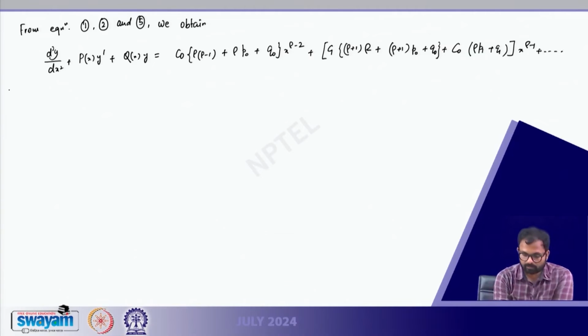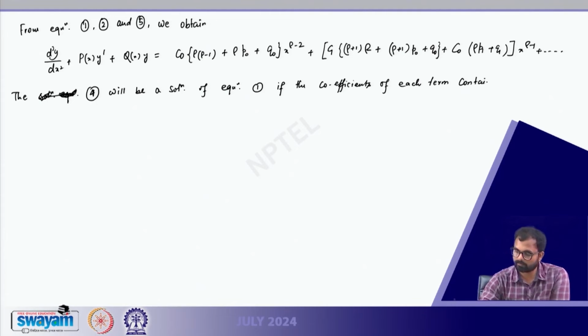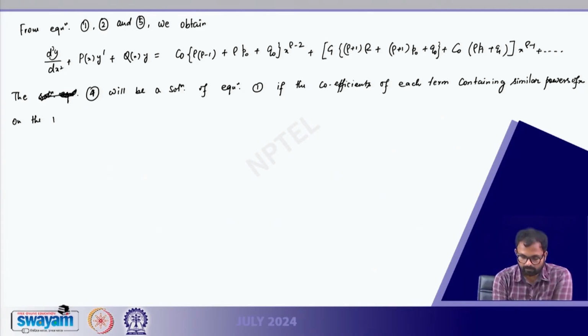So, therefore, equation 4 will be a solution of equation 1 if the coefficients of each term containing similar powers of x on the right hand side of, let us say, this is equation 6, are 0, right.